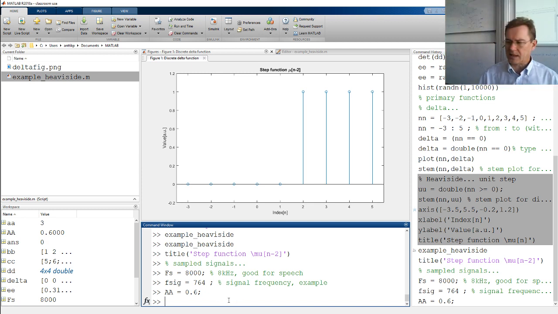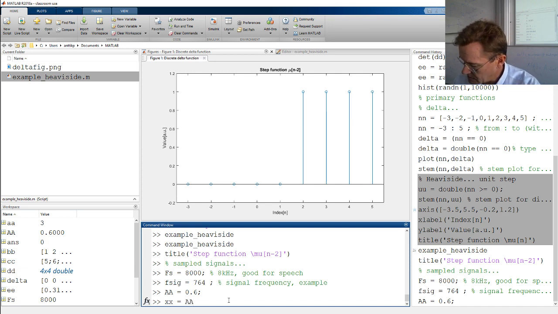Okay, so our sampled analog signal would look like x equals A, amplitude, times sine of 2 times pi times f sig times n, and then the t actually is n divided by sampling rate.